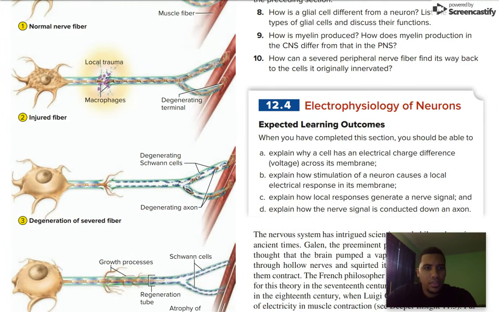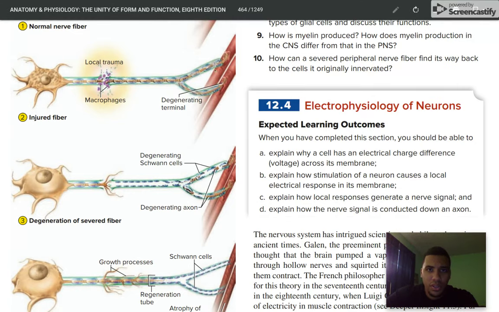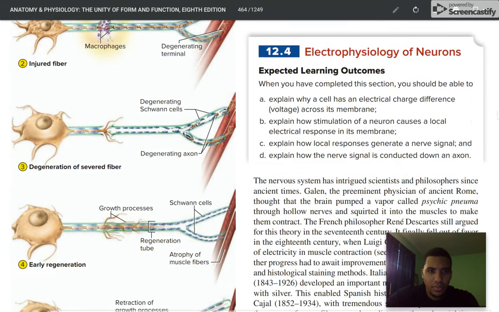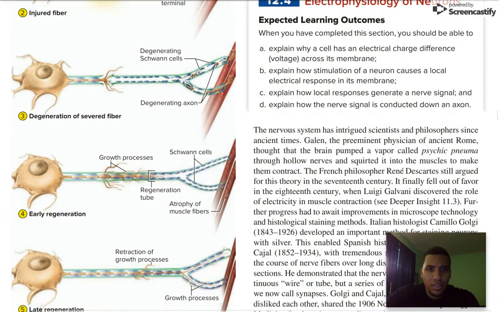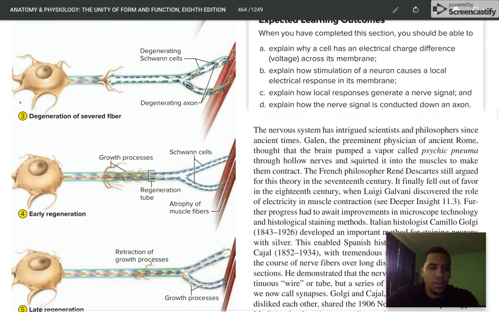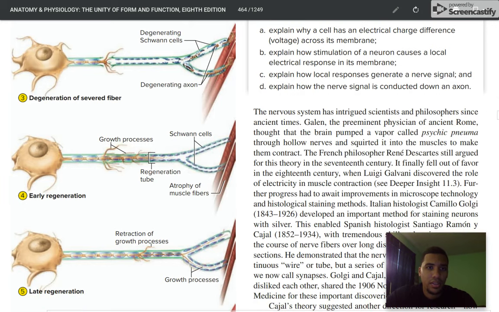Step three, degeneration of the severed fiber. So you have your muscle cell right here on two, which is being affected. On three, it's shrinking. Early regeneration, you have a high rate of metabolism within the neuron itself, the soma, so it gets bigger. Here you have the axon regenerating, but very slowly. This is the growth process, the regeneration tube.